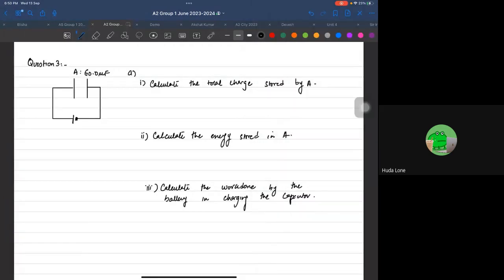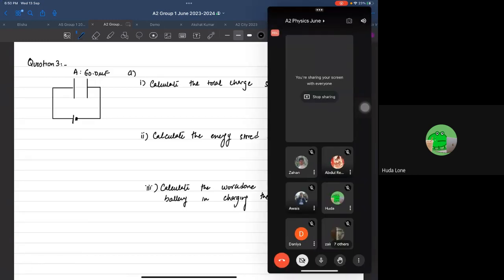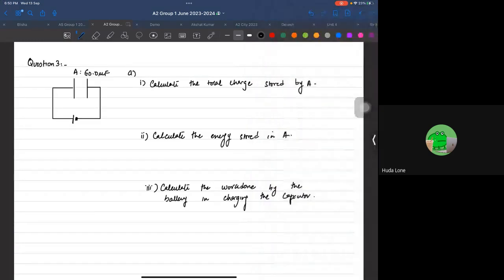Voltage. Where's the voltage? All right, all right. Oh, yeah, okay. I'm sorry about that. This is basically 10 volts. I didn't write it. Can you please do it now? I'm so sorry.